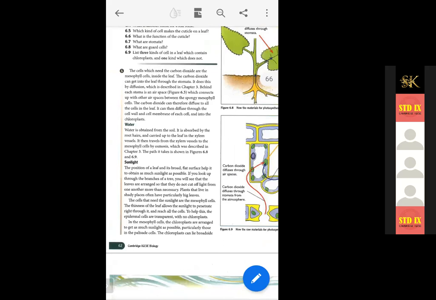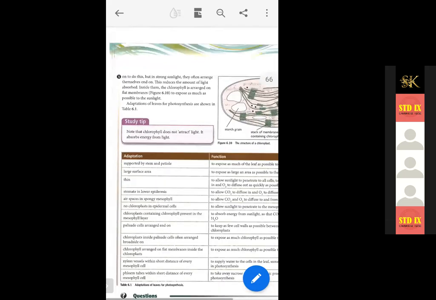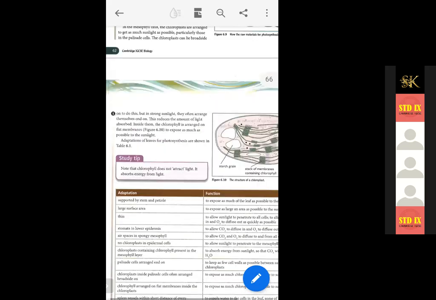The oxygen that is produced after photosynthesis, a part of it is used for respiration.